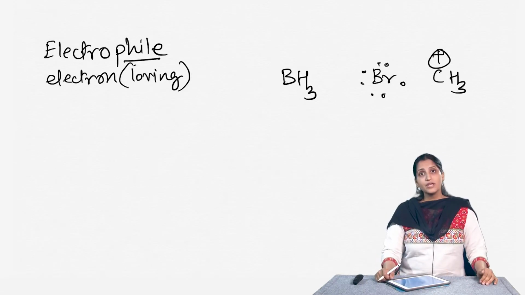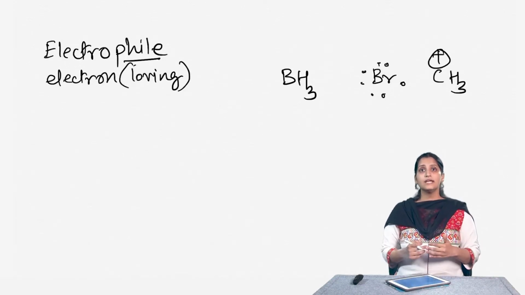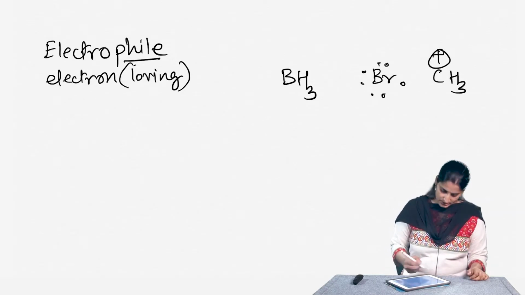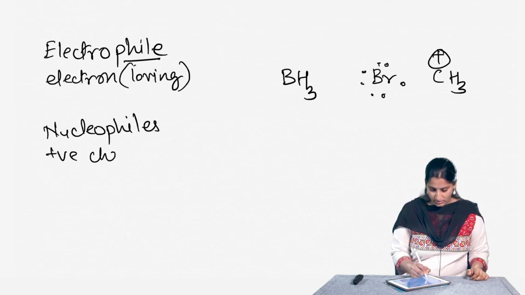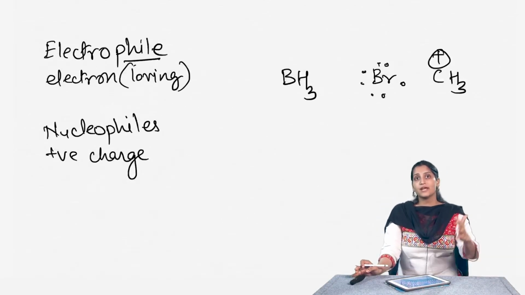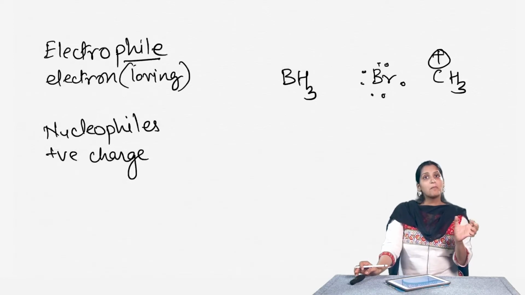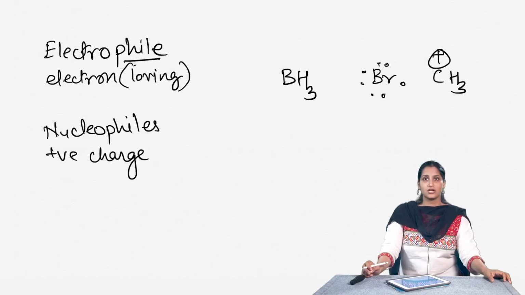In contrast, we have a different terminology for the compounds that really love a positive charge. These are nucleophiles. Remember, phile again means loving, and nucleophile means the compound that really loves a nucleus that is positively charged.